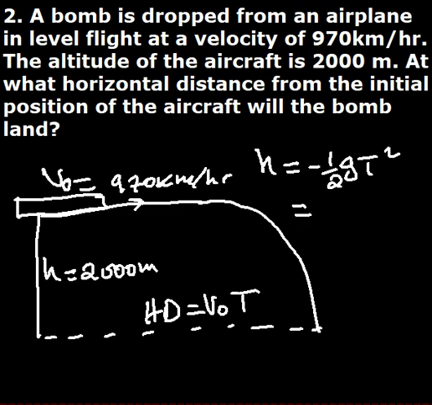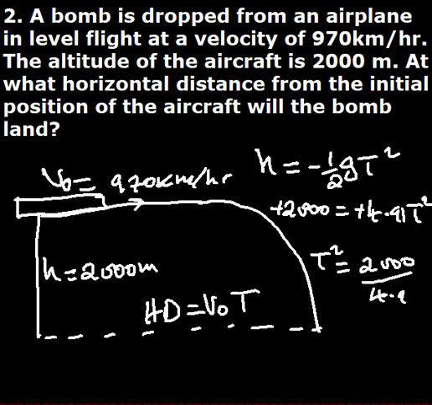Now what is the height? We substitute negative 2,000, which corresponds to the displacement, equal to negative half of the acceleration due to gravity, negative 4.91 t total squared. The negatives cancel, so t total squared is equal to 2,000 divided by 4.91.